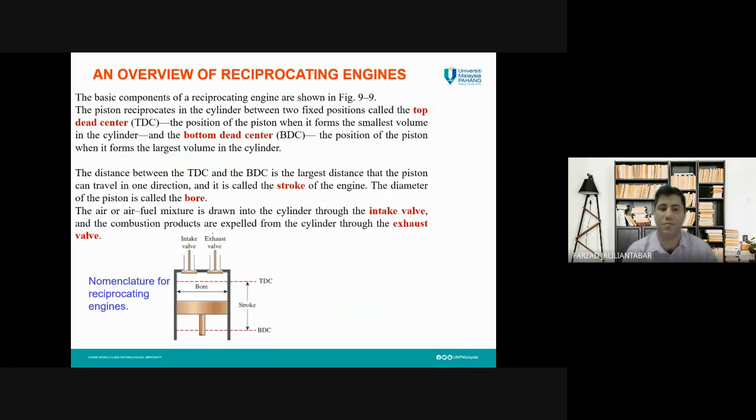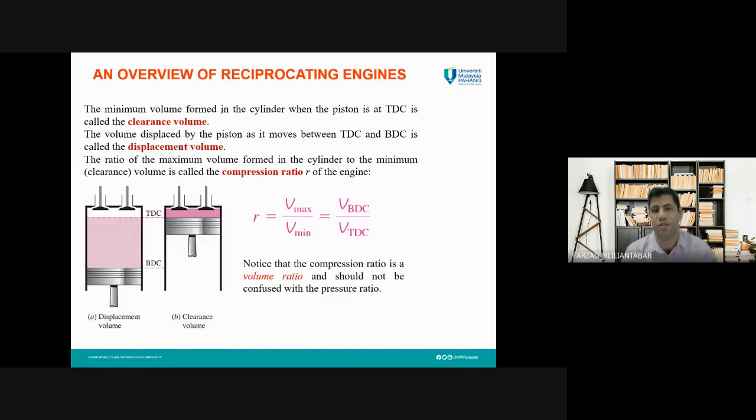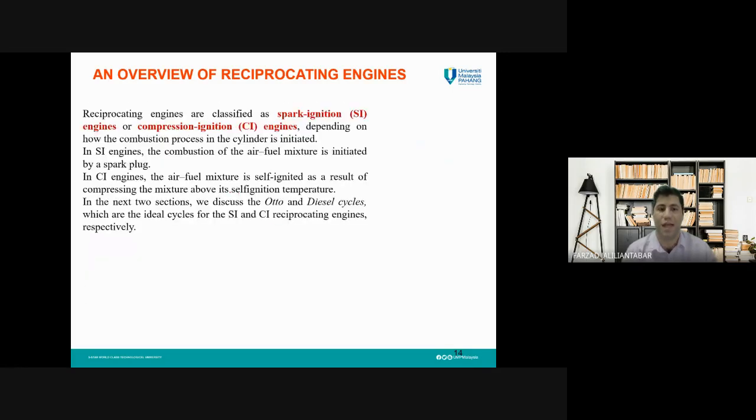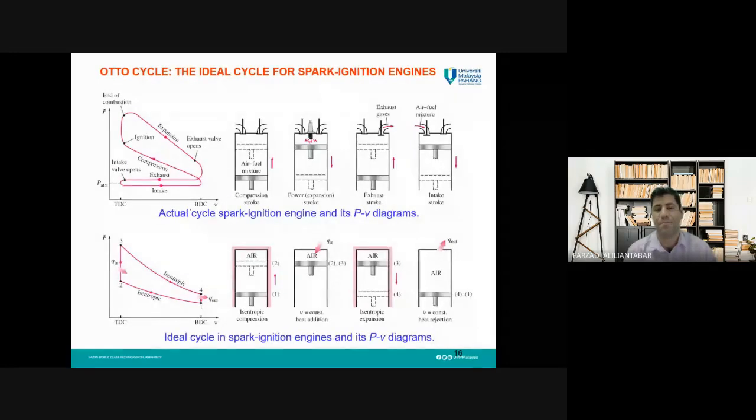We will discuss different properties of an internal combustion engine, actually a piston cylinder device. I will also tell you about the compression ratio, displacement volume, and the cycle which we have for this type of engine, and we will go through the different types of internal combustion engine.